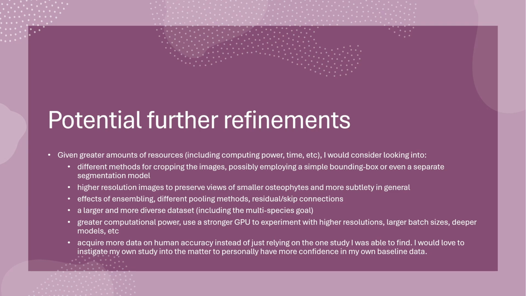Higher resolution images, if I could source those, would be fantastic. I would also research the effects of various methods of ensembling and pooling, and the addition of certain residual connections. A larger and more diverse data set is the goal.